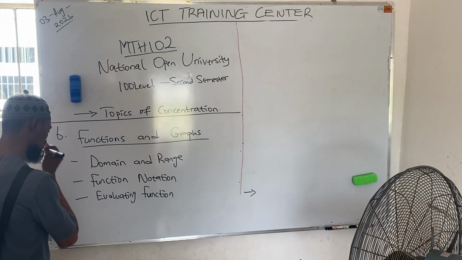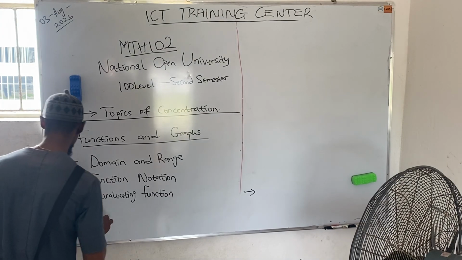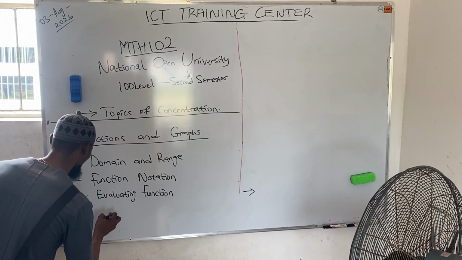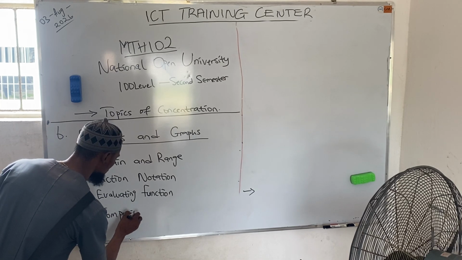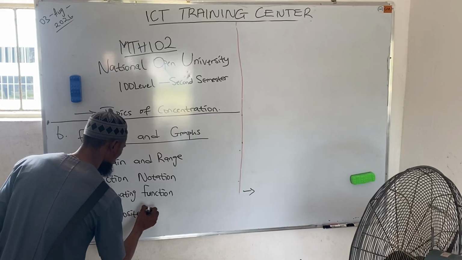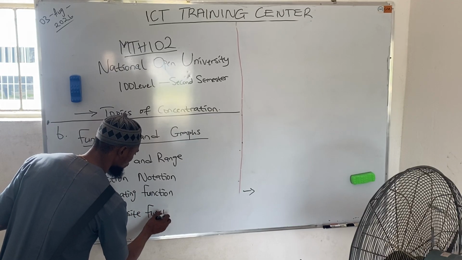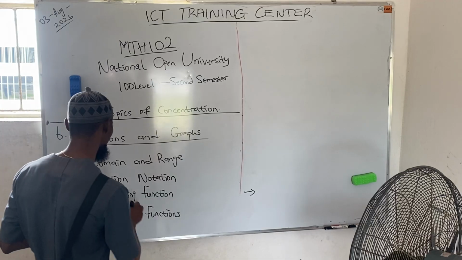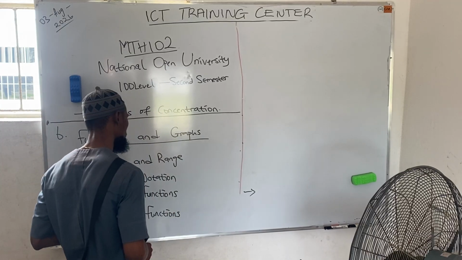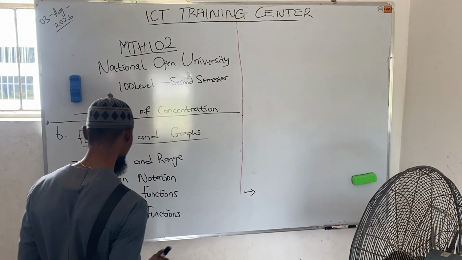And the fourth one is called composite functions, okay? So we're going to talk about every single thing here. So this is evaluating functions, function notation, and all that.